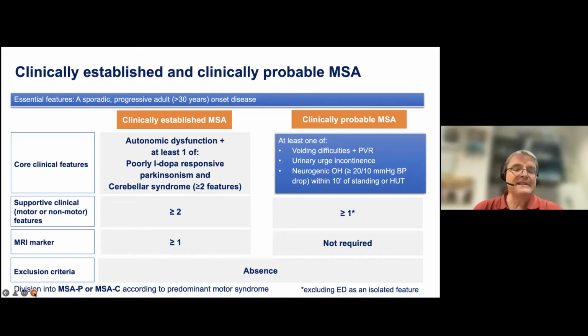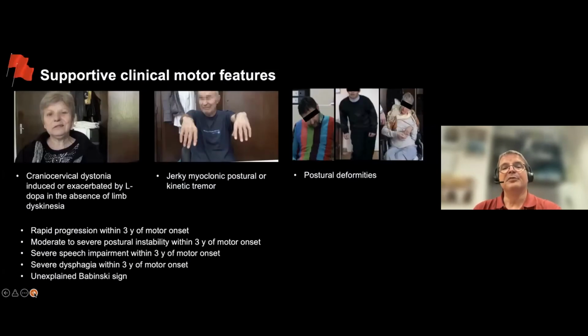Consistent with the previous criteria, patients are subdivided into MSA-P if Parkinsonism predominates, or MSA-C if cerebellar ataxia predominates. This slide now shows you supportive clinical motor features or motor red flags, including craniocervical dystonia, as shown on the left side in this short video clip.